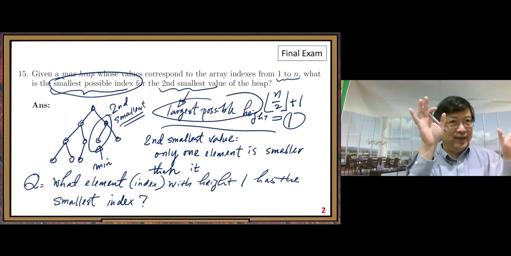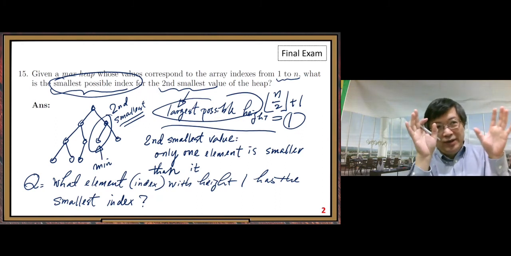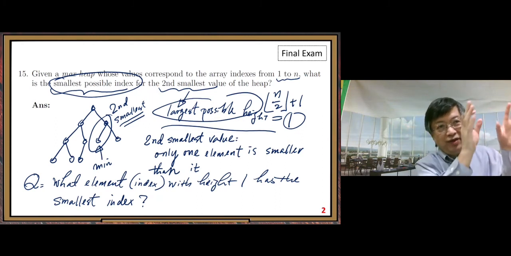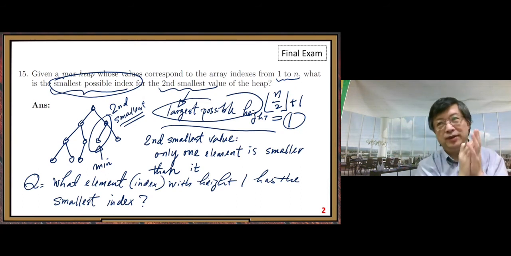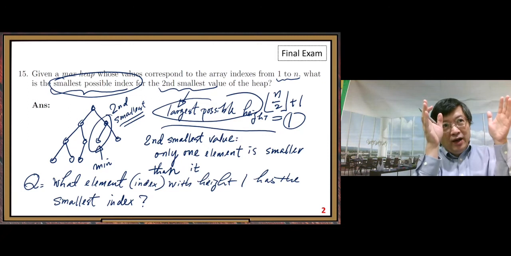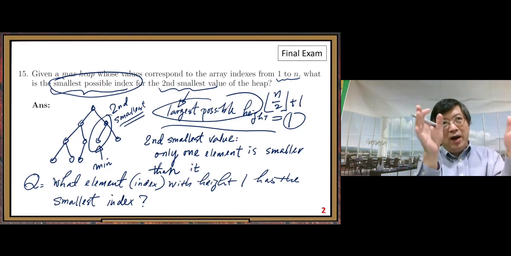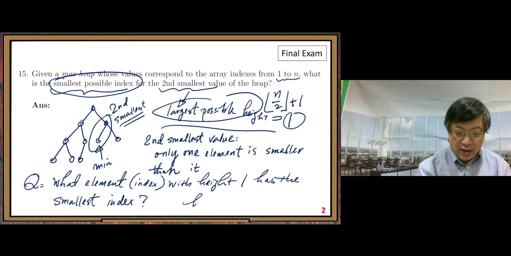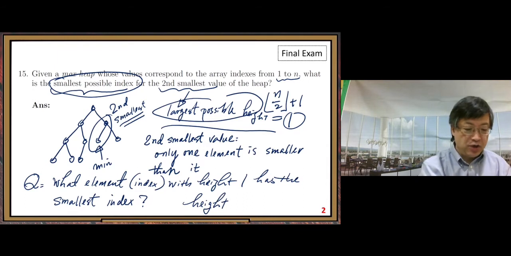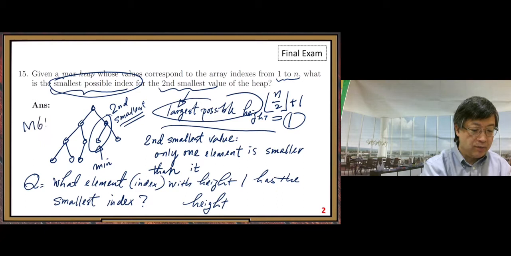Now I want to refer you to the previous video, where we talk about position numbers. Position numbers are the same as indices. There is a height 1 block. Look at the previous video, module 6, part B.1, M6B1.